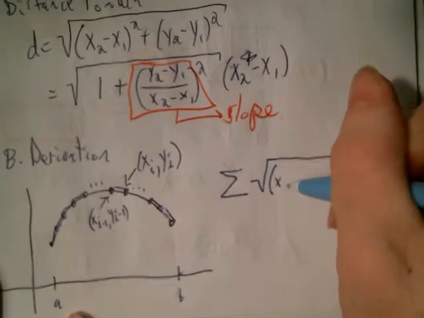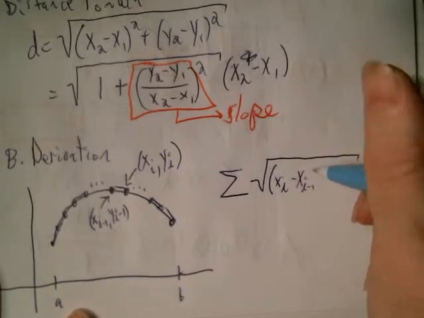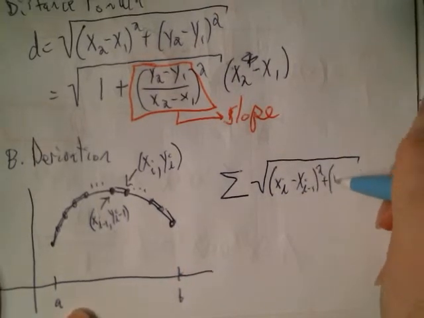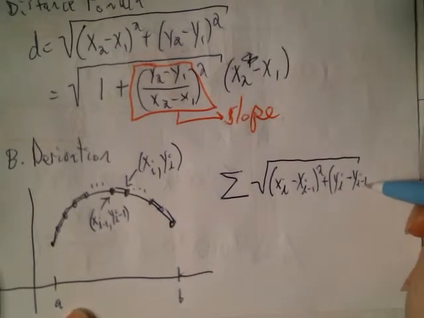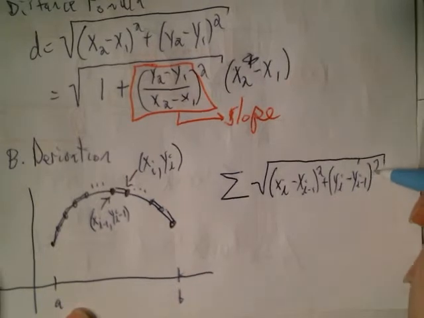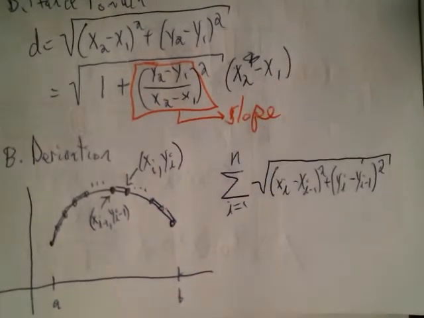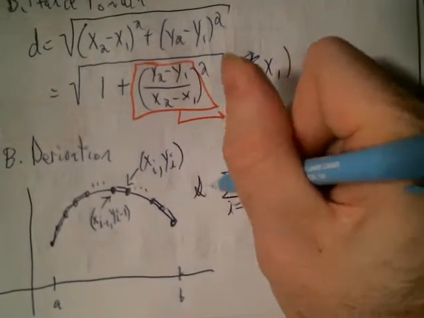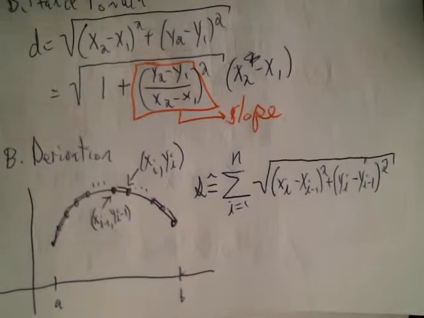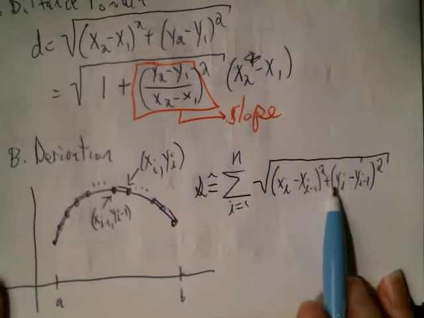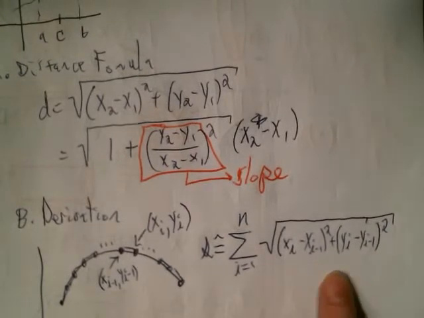So we get the square root of x sub i minus x sub i minus 1, squared, plus y sub i minus y sub i minus 1, squared, and then we're going from i equals 1 to n. Okay. And that'll give us an approximation for the arc length. They always use the letter S for arc length. So this thing then we can kind of turn into a Riemann sum.